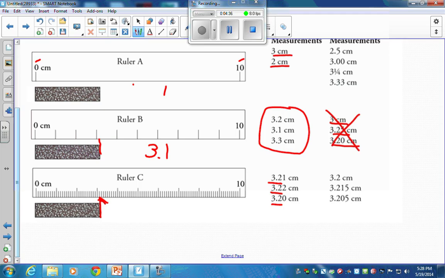You know that for sure because you can see it on the measuring device. What's different about these 3 measurements is the estimate. Because one person, again, is estimating it's just a little over the line, the next person a little further, 3.22, and the next person says it's right on the 3.2 line, and for us to know that, we would say 3.20.